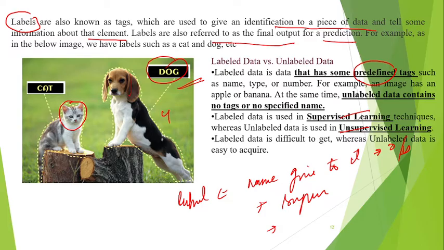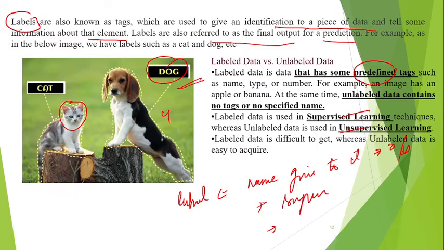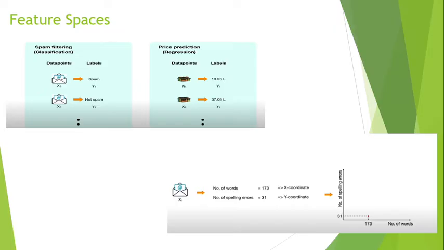Today I'm just going to tell you about features and how you represent feature vectors. These are the things, and in that part label also comes into it. Then there comes a feature space. Then I have attributes, we call them features, and we represent them in the form of a matrix.